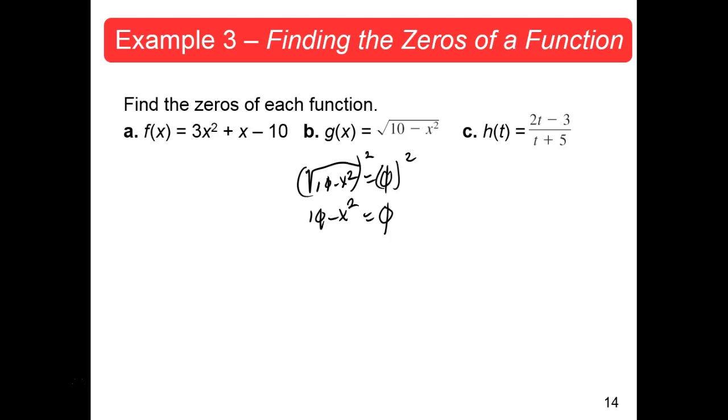Now, I heard factoring. If you work at this a moment, you'll see it will not factor using integers, but you can sort of still factor it if you want to.